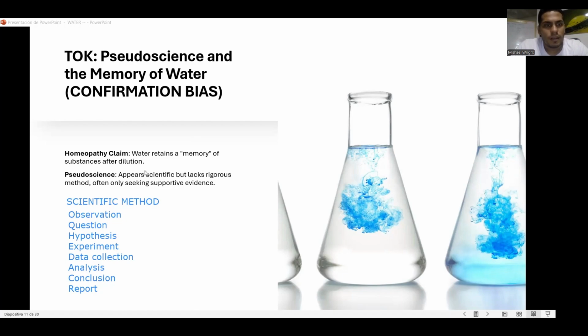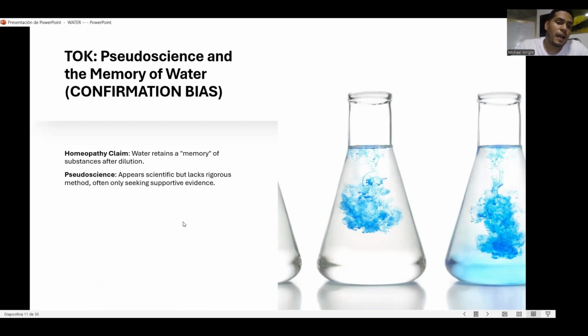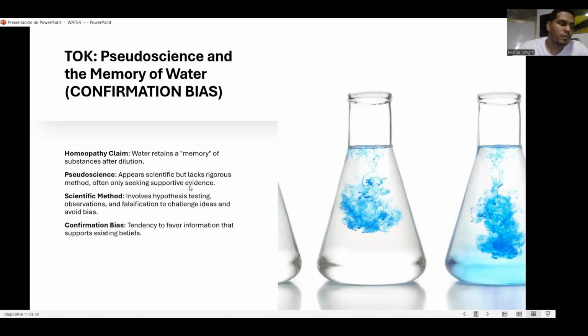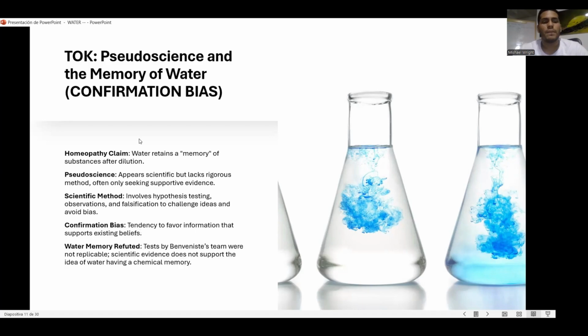But in the case of pseudoscience, they lack evidence, so they basically skip the scientific process. Confirmation bias is the tendency to favor information that supports existing beliefs, but does not go with rigorous scientific procedures.